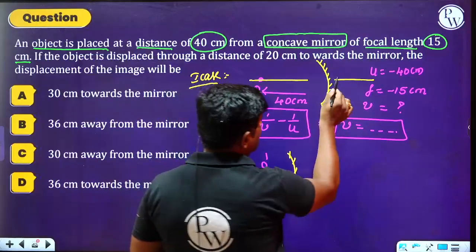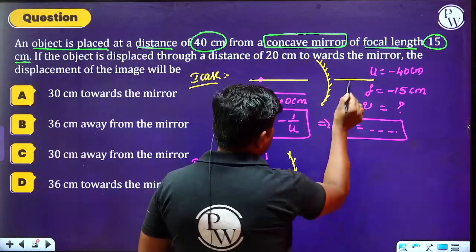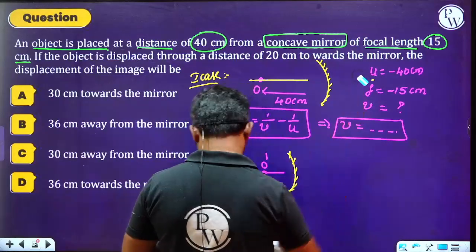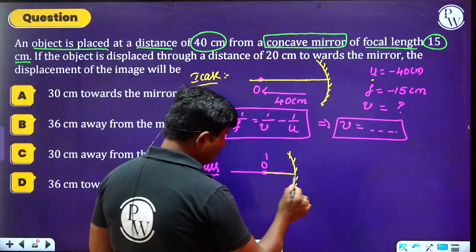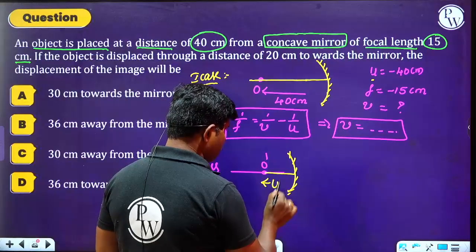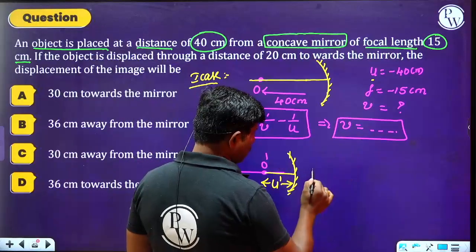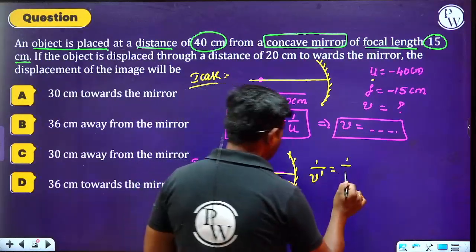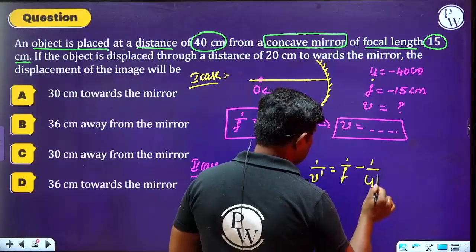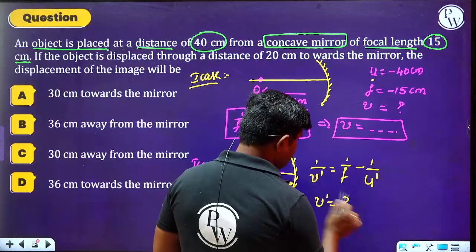Please have a look and note this down properly, then you can definitely get it. This is the second case. Let us say it is u dash. f will never change. Find out 1 by v dash, which is 1 by f minus 1 by u dash. Then you will get the value of v dash.